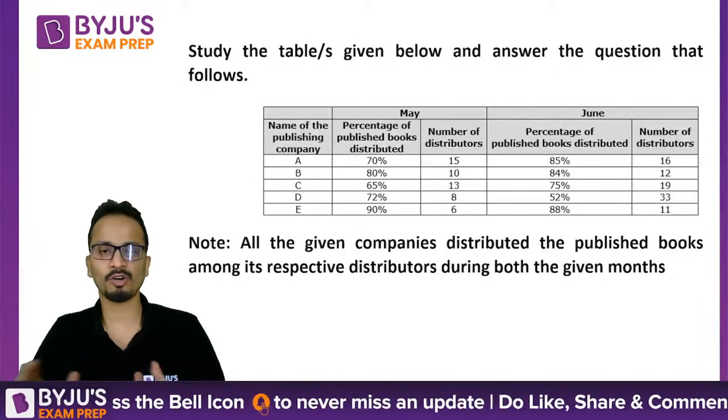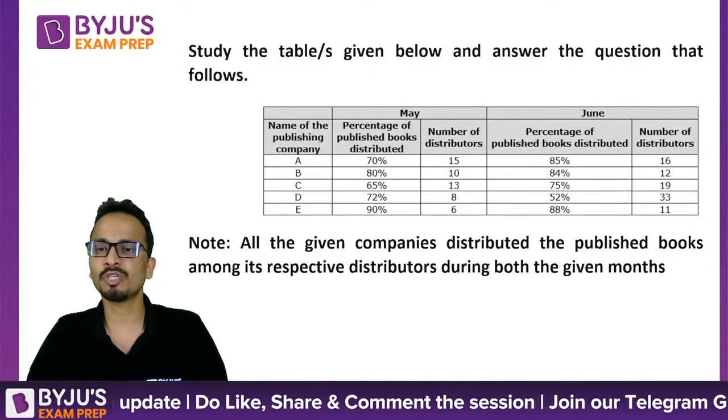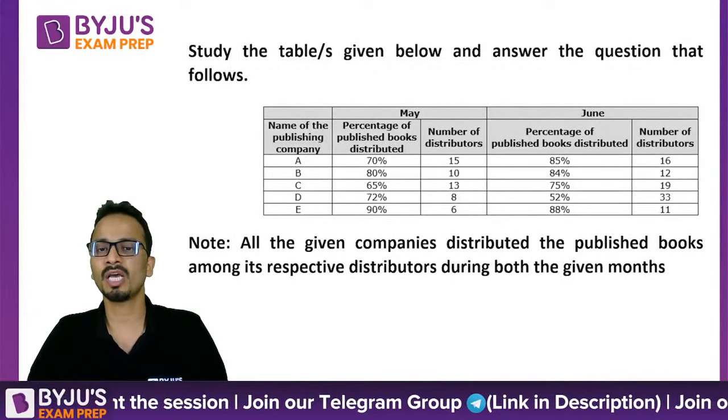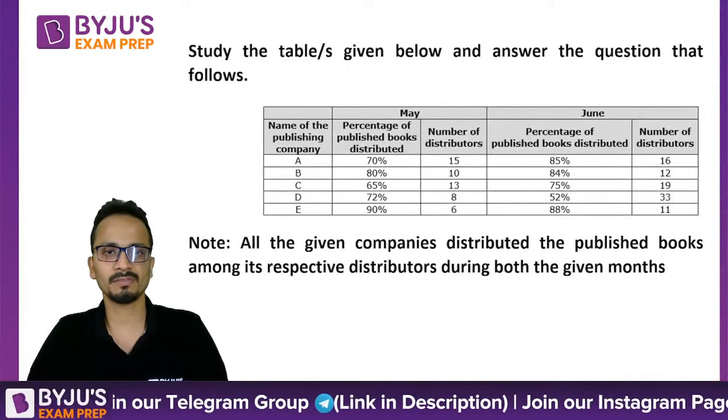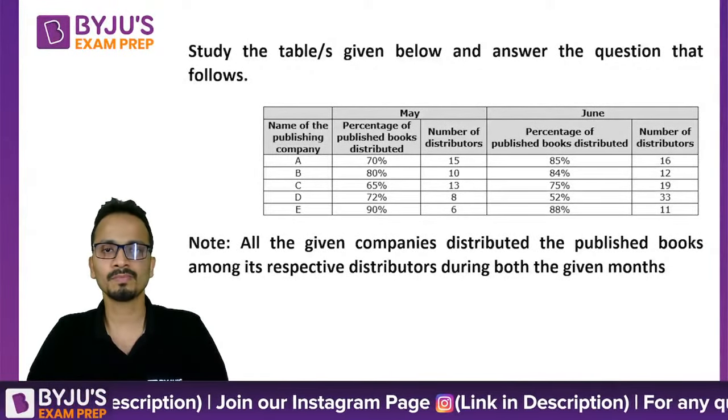The same is given for June as well. The note says that all the given companies distributed the published books among their respective distributors during both the given months. So this is the entire data that is given to all of you.